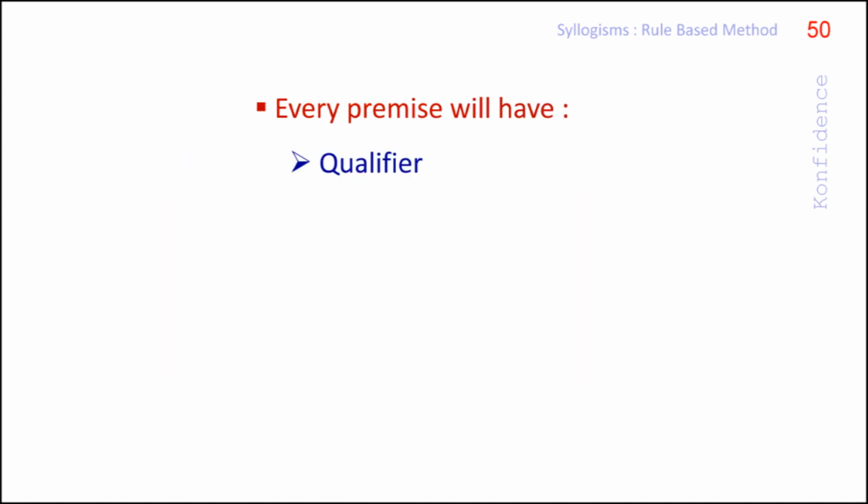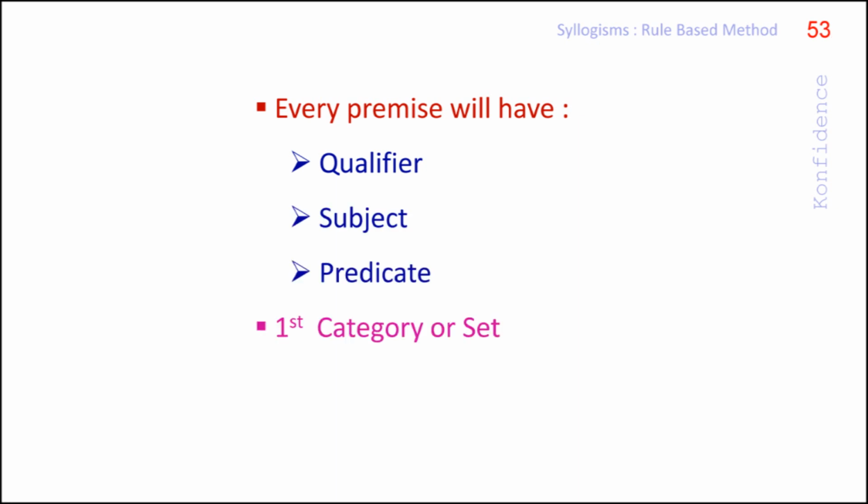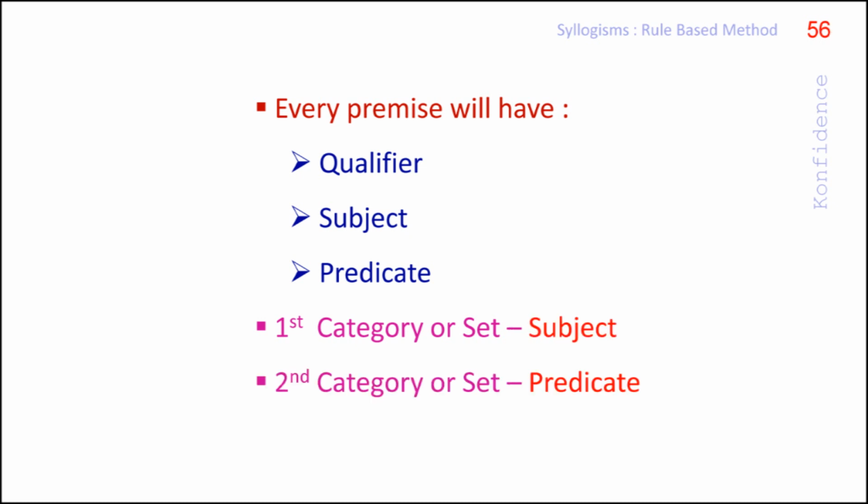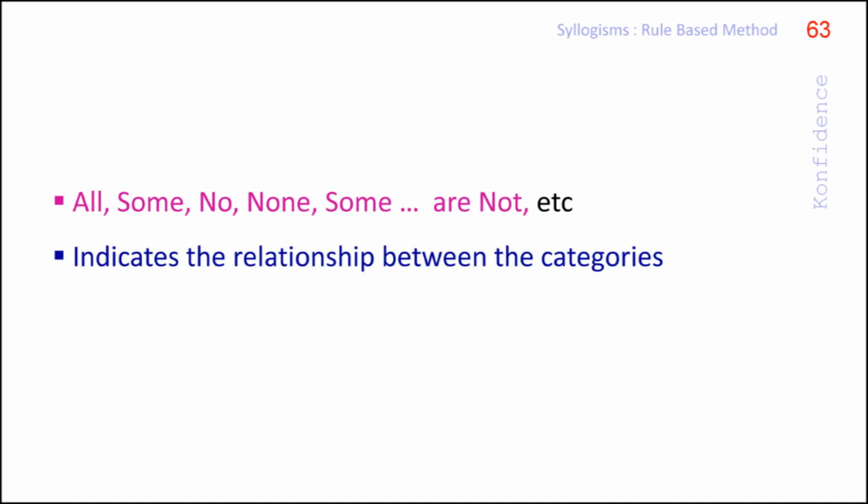Every premise will have a qualifier, a subject, and a predicate. The first category or set is the subject, and the second category or set is the predicate. Words like all, some, no, none, some are not, etc. that tell us about the relationship between the categories are called qualifiers.